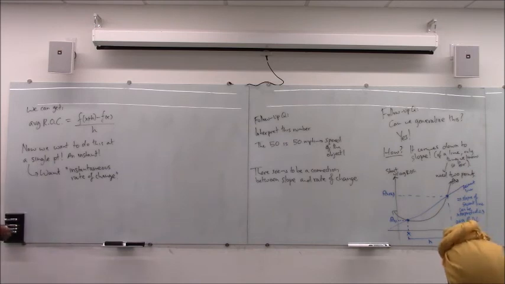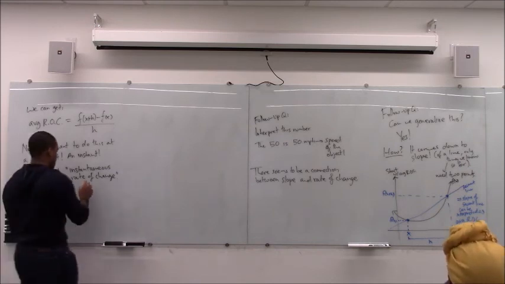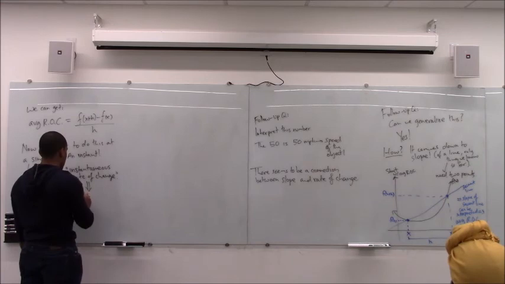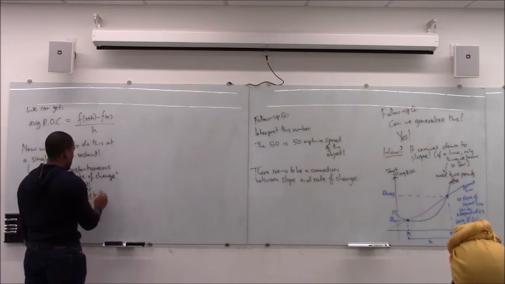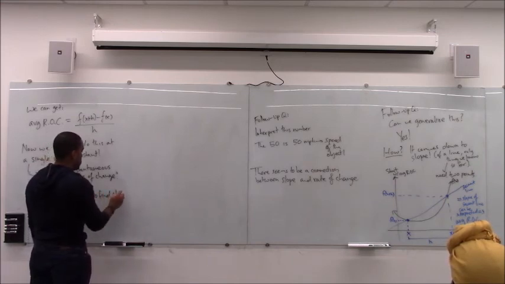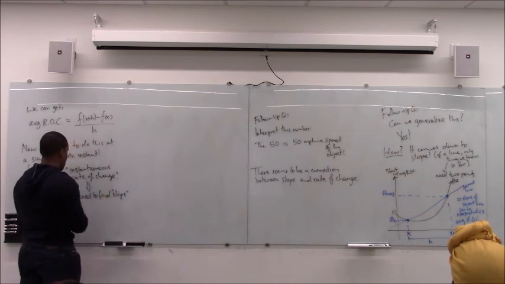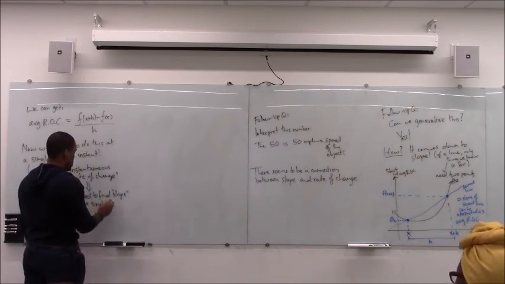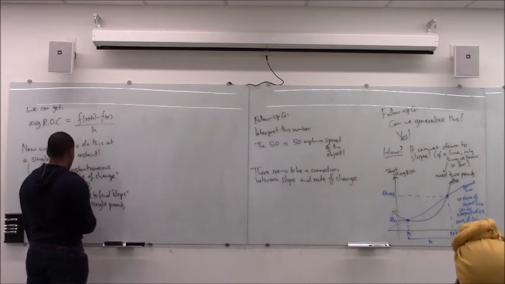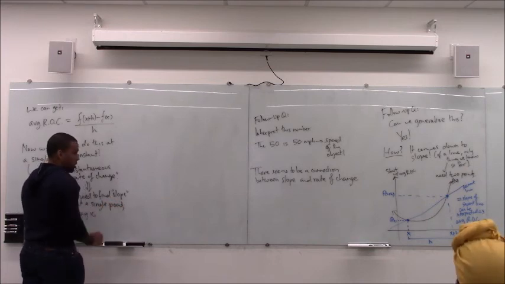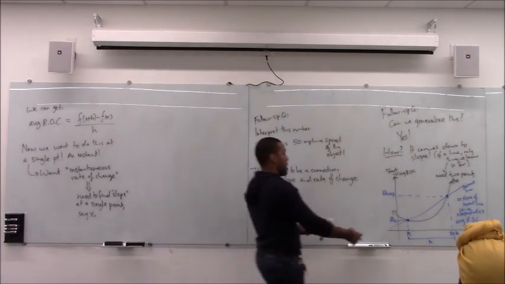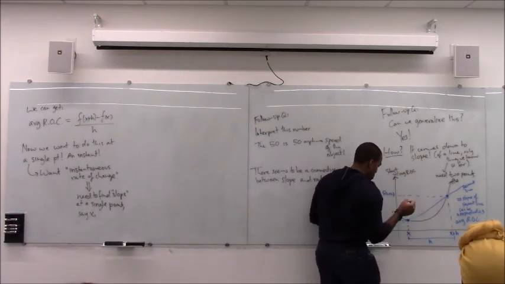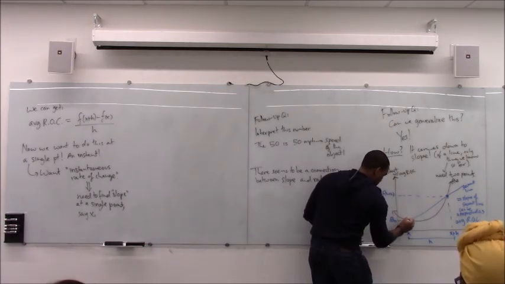And what that means is we need to be able to find a slope or something analogous to it at a single point. Let's say x, right? So let's say I don't care about how fast it's moving on average. How fast is it moving when I'm right here specifically at that point?